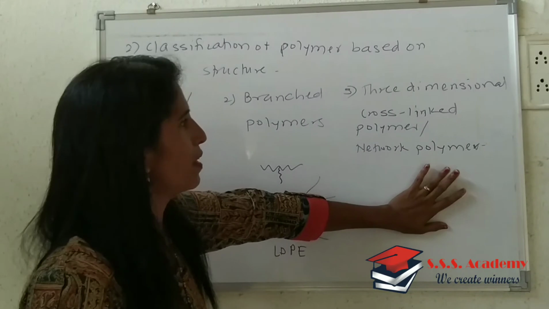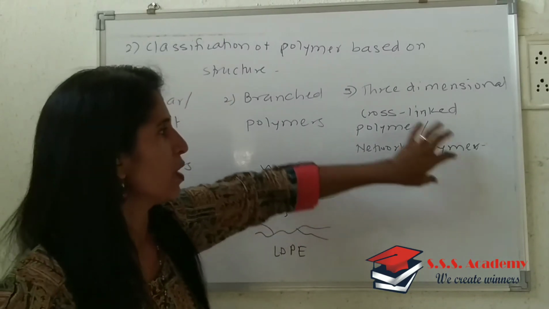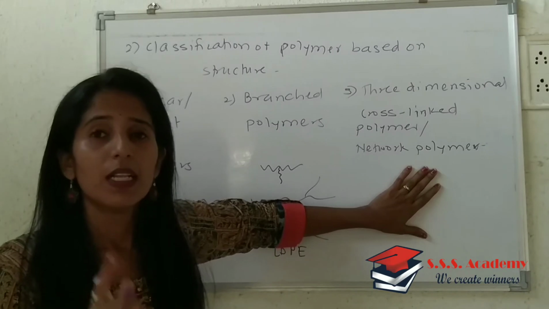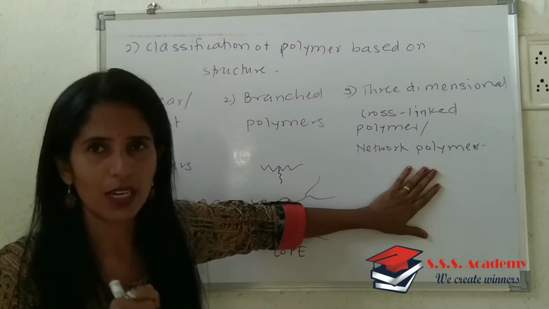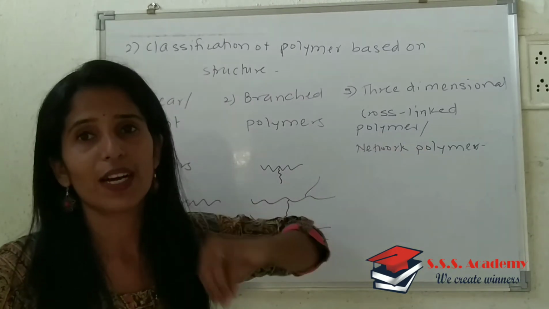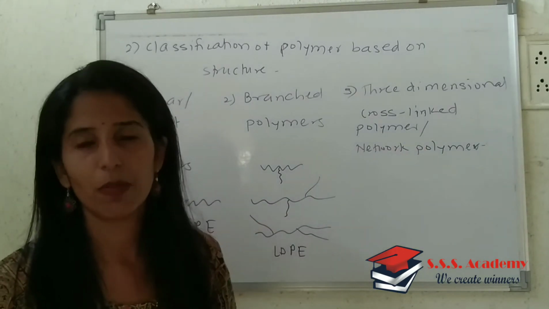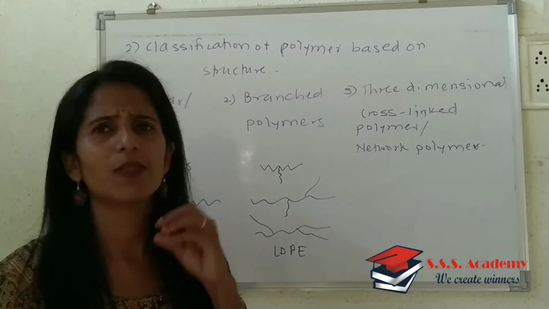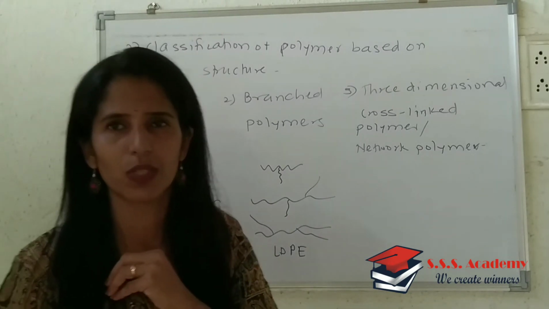The third type refers to 3-dimensional cross-link polymer, or it is simply called network polymer. Now for formation of cross-link polymers, the monomer unit is said to possess functionality more than 3. So it must be tetrafunctional, pentafunctional, and therefore we will call it polyfunctional monomers.